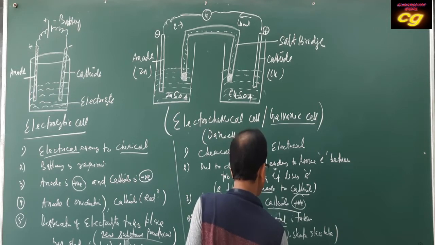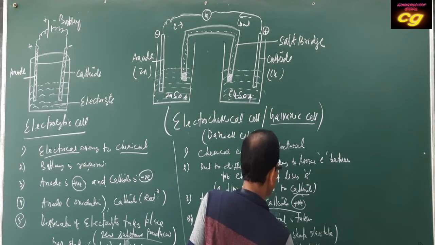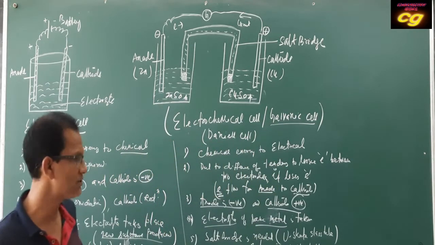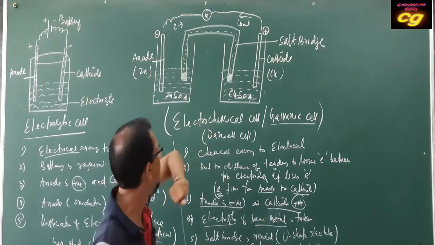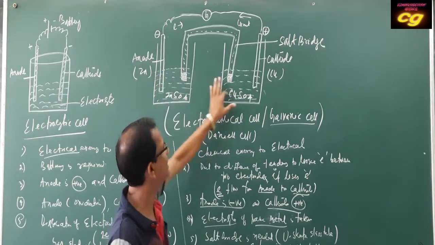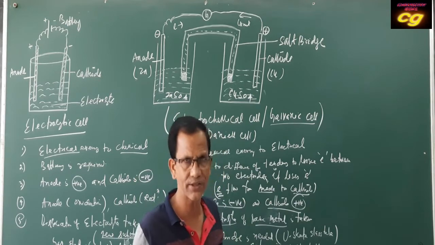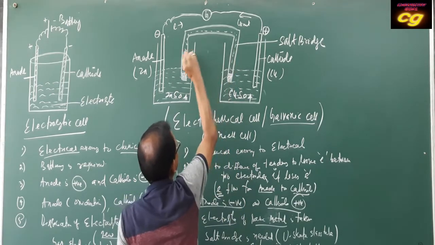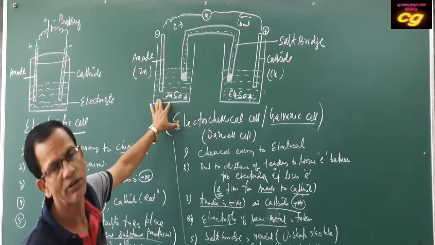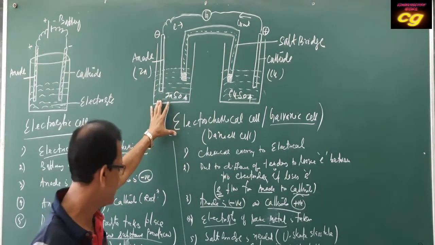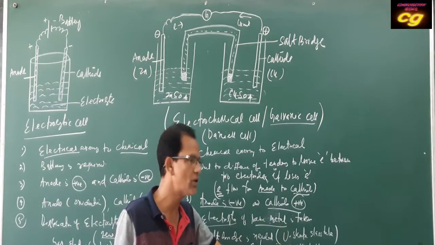Inert electrolytes means that the electrolyte taken in the salt bridge should not interfere with the electrolyte taken in the different vessels. There is no interaction, there is no reaction between the electrolyte taken in the salt bridge and the electrolyte taken in the vessel. That's why a salt bridge is needed: a U-shaped glass tube containing inert electrolyte.